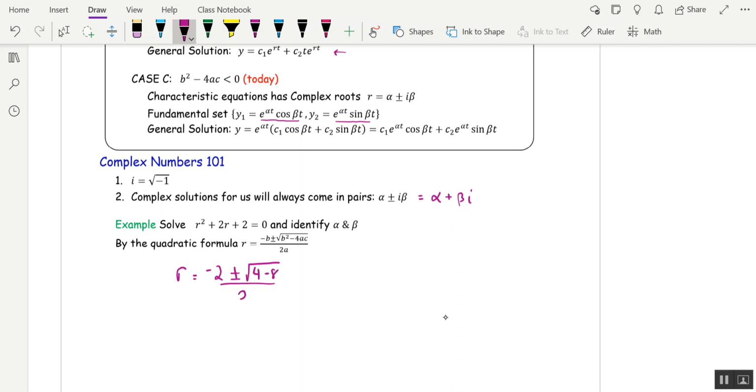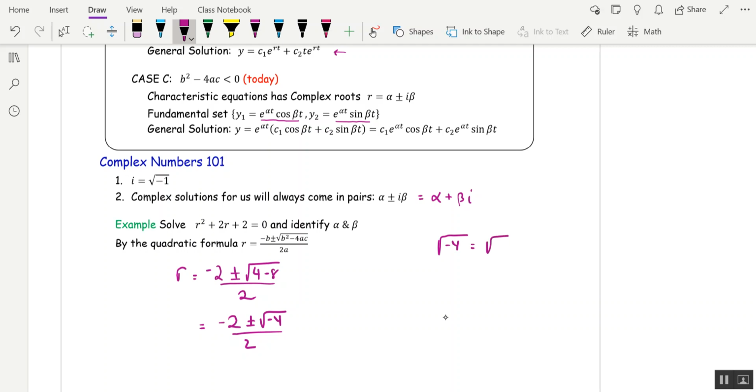A is 1, so this is over 2. So that's -2 plus or minus the square root of -4 over 2.